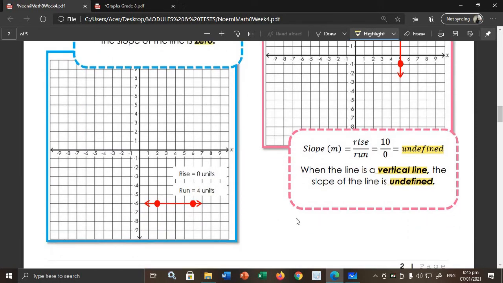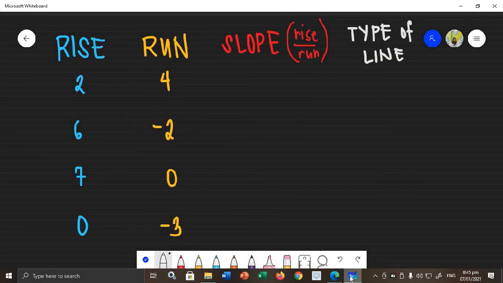Like this example. So let's identify what is the slope and what type of line of these examples here, given the value of the rise and run. So let's say, for example, we have 2 as our rise here on the first example and we have 4 as our run.